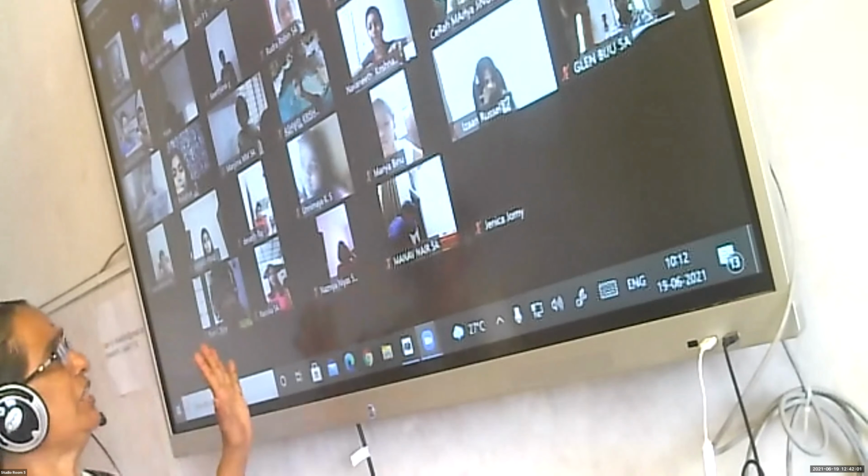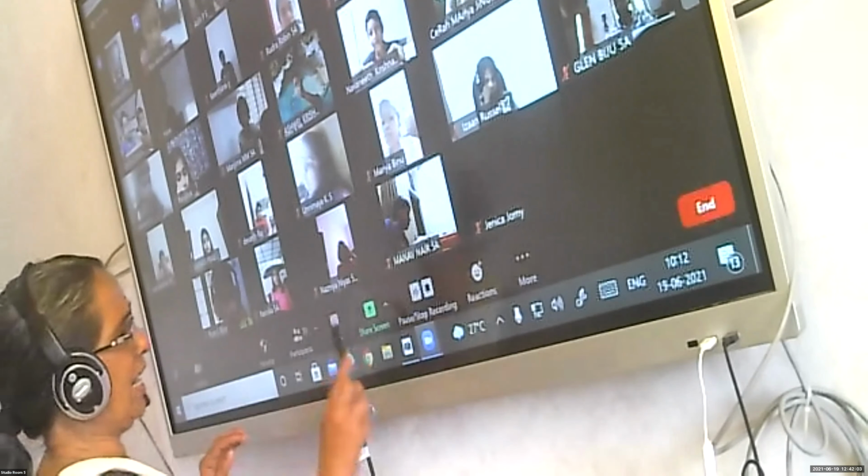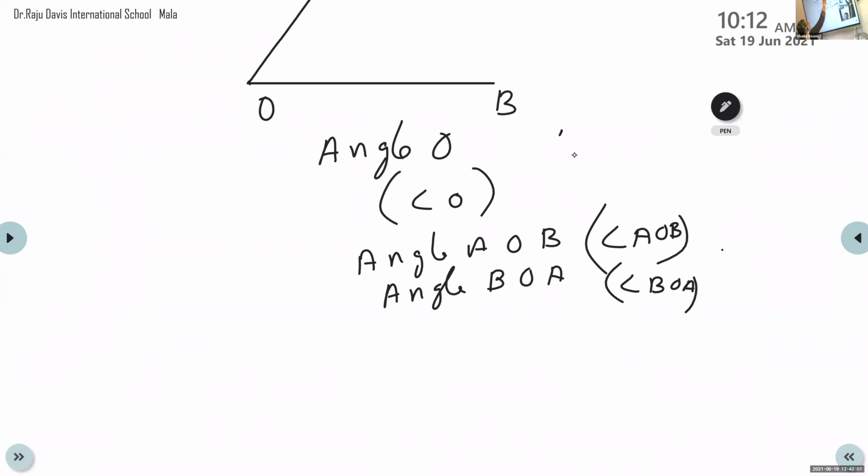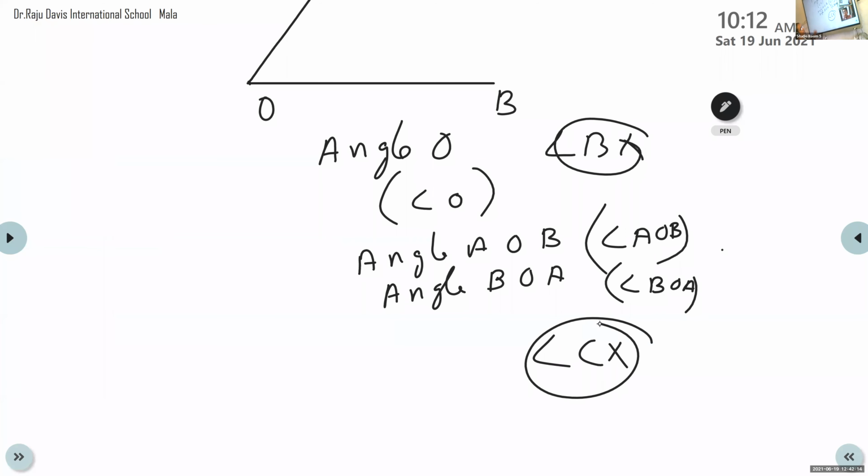You cannot read this angle as angle B. It is wrong. You cannot read that angle as angle C. It is also wrong because the vertex is O. Is it clear? Wherever you find the angle, the vertex will be named as the name of this angle.